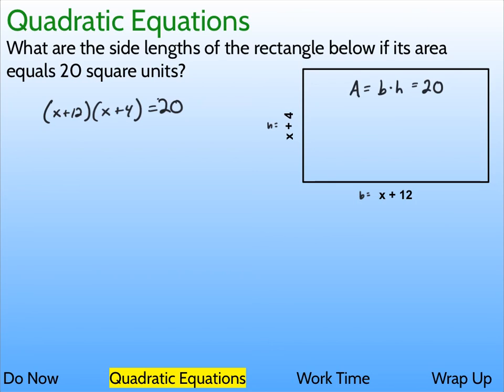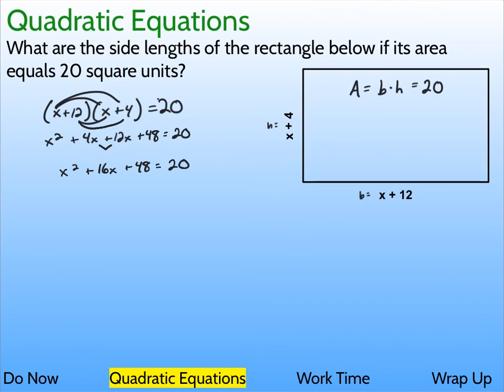So what you want to do now is distribute here. We'll get x times x is x squared. X times 4 is plus 4x. 12 times x is plus 12x. And 12 times 4 is 48, all equal to 20. So we can combine like terms really quickly here, and then we get x squared plus 16x plus 48 equals 20.